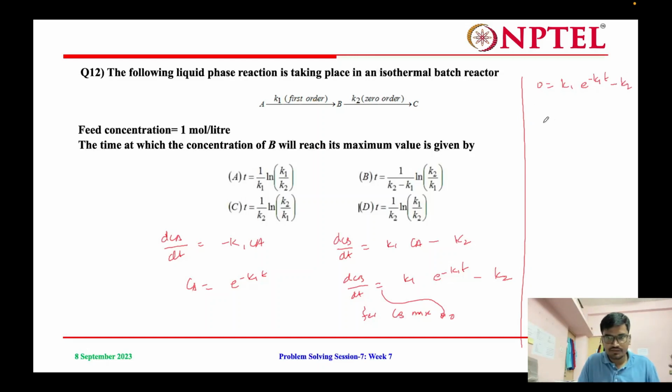So t equals 1 by K1 ln K1 by K2. Check the options. Option A matches.